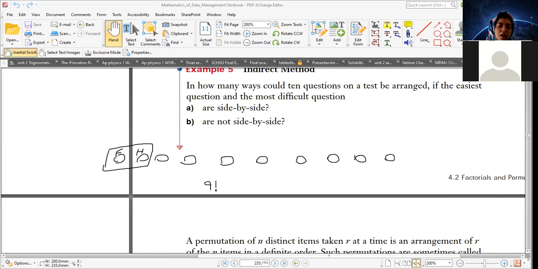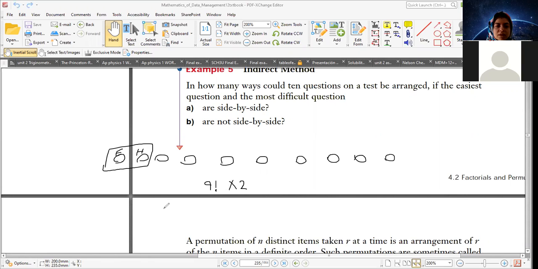Since the easy could come first, hard second, or it could be hard first, easy second, it should be twice of that. Okay. So that would be the total ways that they can be side by side. Now, they are not side by side. What is the total permutation?